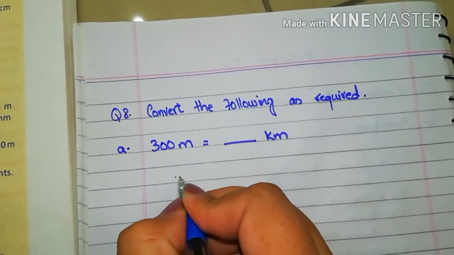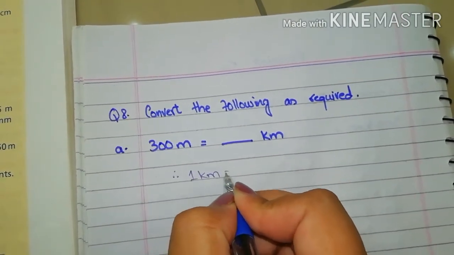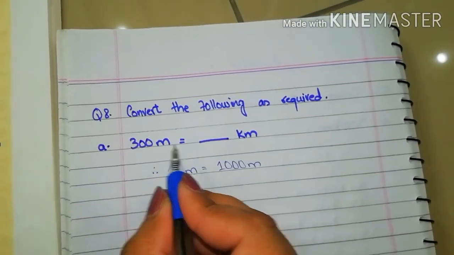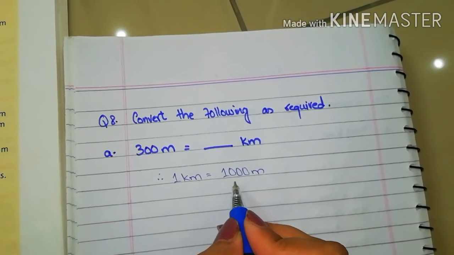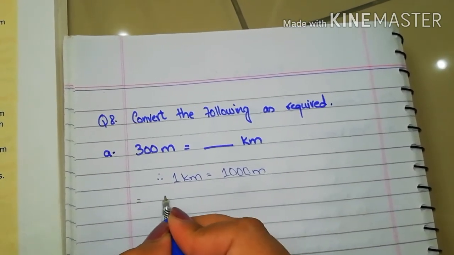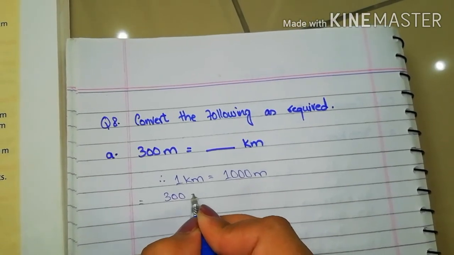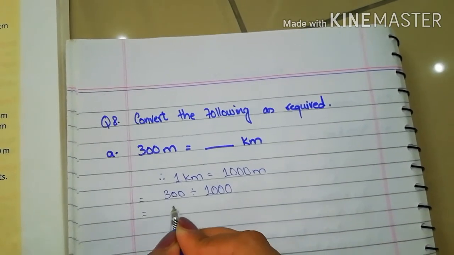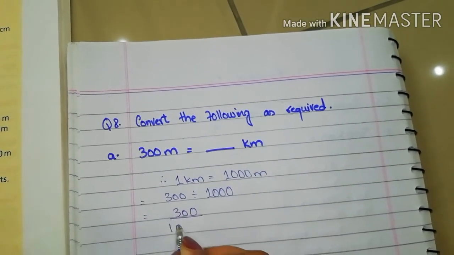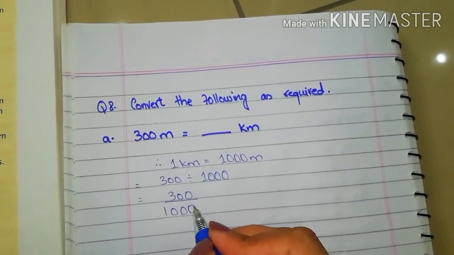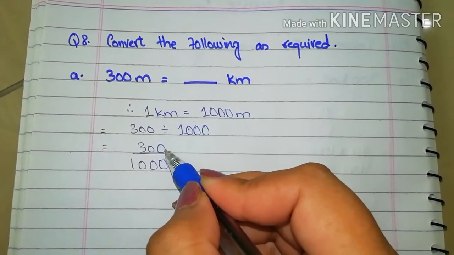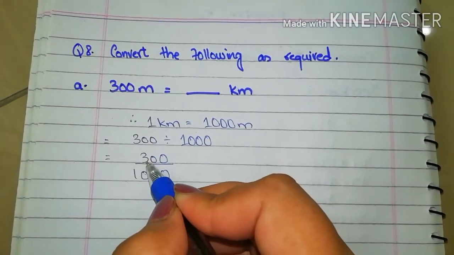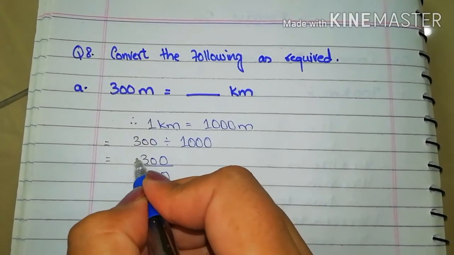So we convert this meter into kilometer by dividing by 1000. 300 divided by 1000. This 0 replaces this 0, this 0 replaces this 0, this 0 replaces 3, and this one replaces the decimal.